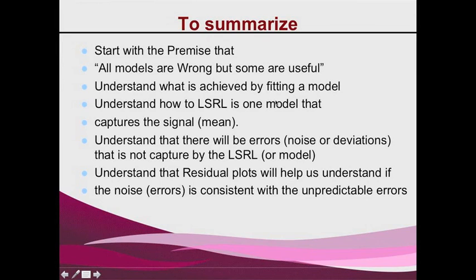We understand what is achieved by fitting a model, and how the least squares regression line is one model that captures the signal or the mean. We understand that there will be errors, noise or deviations that are not captured by the least squares regression line or the model. And residual plots will help us understand if the noise or the errors are consistent with the unpredictable errors.